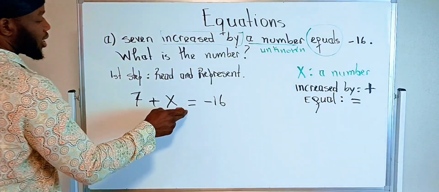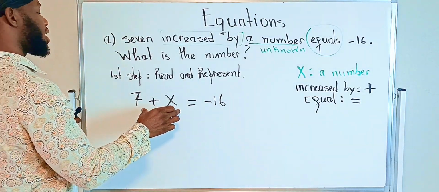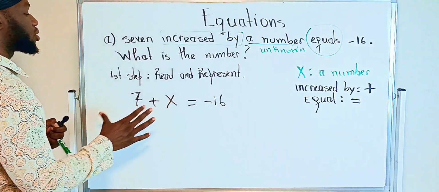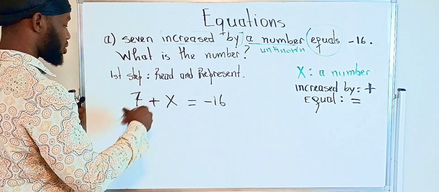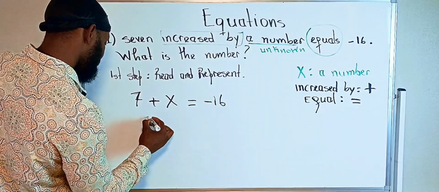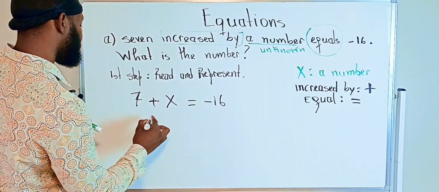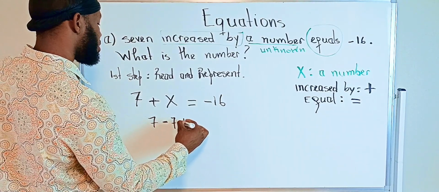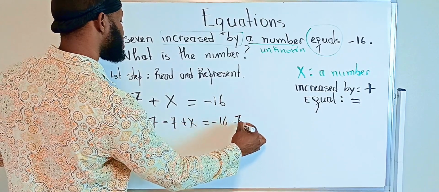To solve an equation, you have to isolate the variable in order to have a value for it. We've got 7 here that we need to get rid of, so we say 7 minus 7 plus x equals negative 16 minus 7.